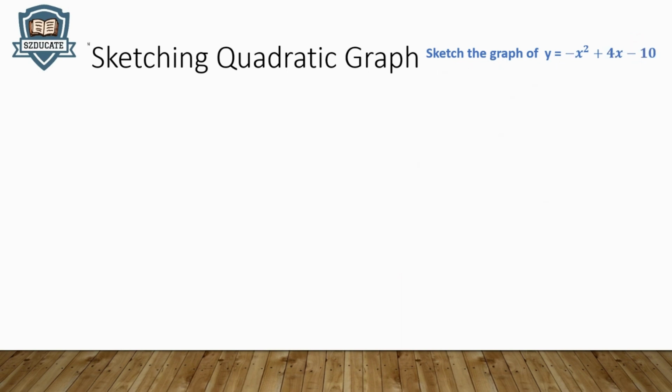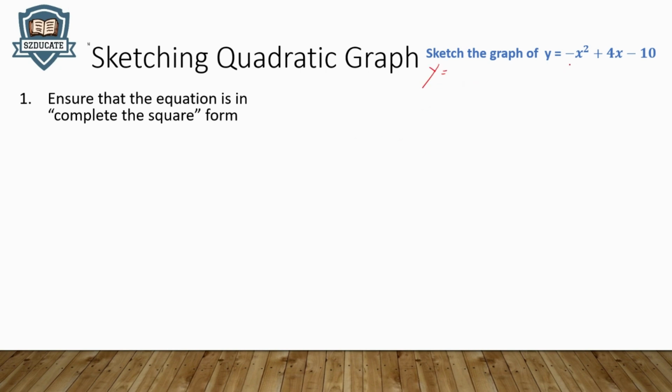Okay, I'm going to give another example. This one has a negative coefficient of the x squared term. So this will give you an n-shaped graph. So first, ensure that the equation is in complete the square form, and it's not, so I have to do it again. Because the coefficient is not positive 1, I have to take out the negative first.